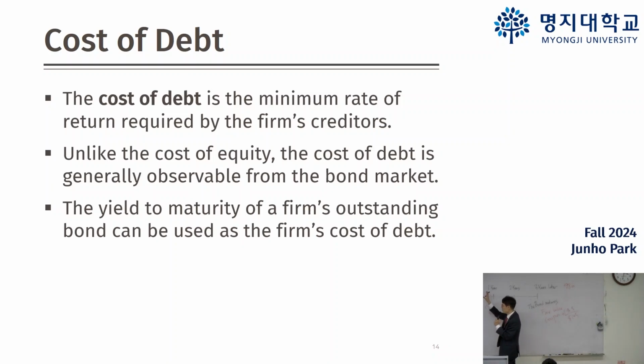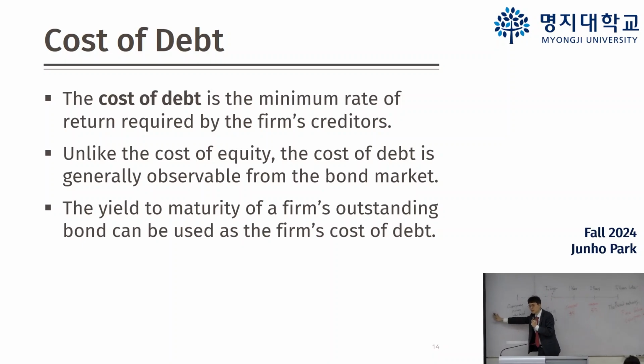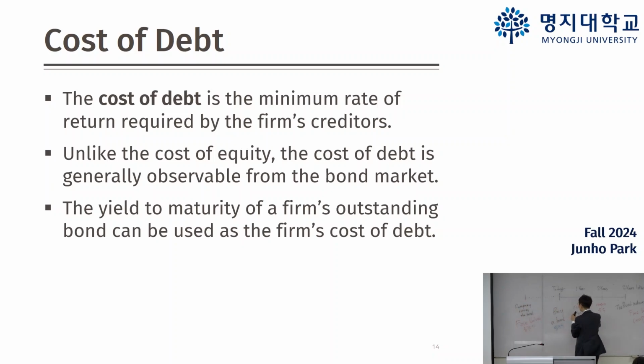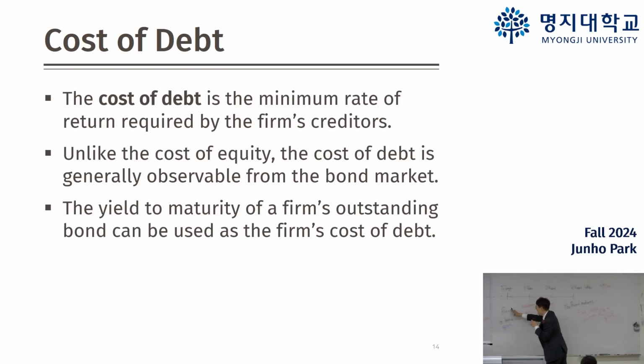You don't have to care about the past. As a rational person, you forget everything that is already determined in the past. So you don't have to care about what was the face value at the beginning or what was the price in the bond market last year or 2 years ago. You only care about what will happen in the future. So that's the economic way of thinking.